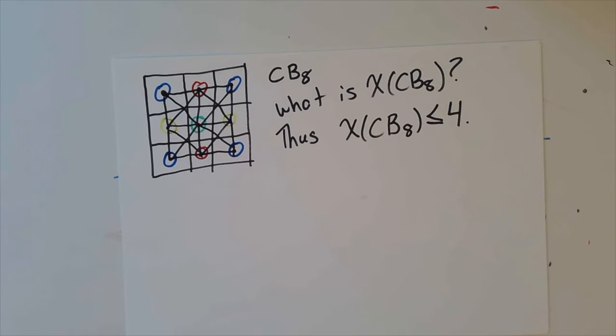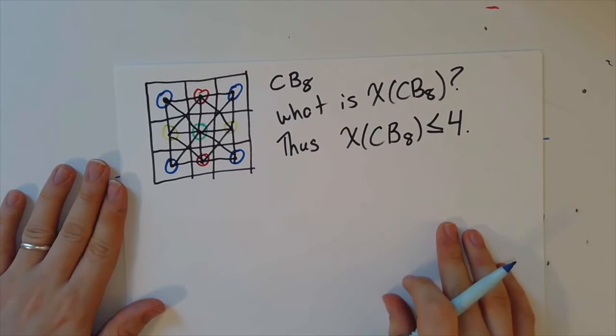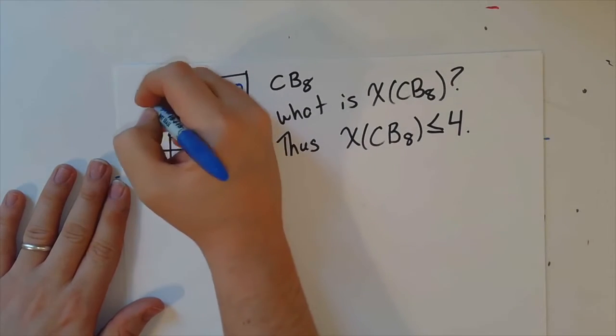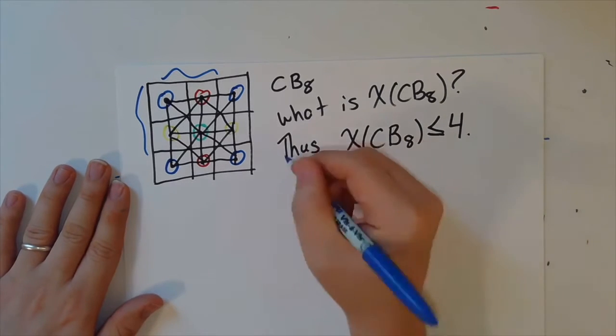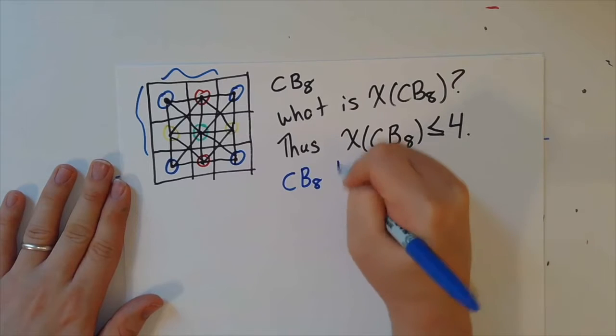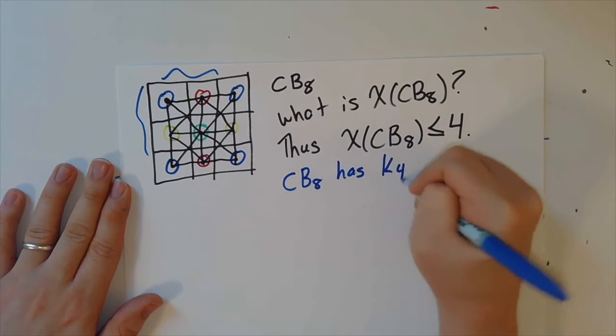So can I find a subgraph here that's the complete graph on 4 vertices? Well, sure. If I take just these 4, that is a complete graph on those 4 vertices. Okay, and so CB8 has K4 as a subgraph.